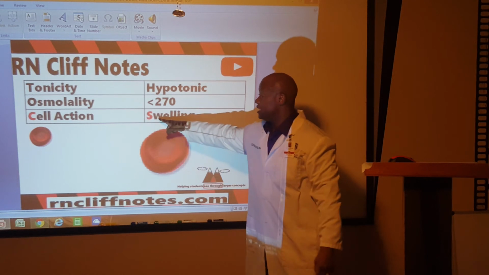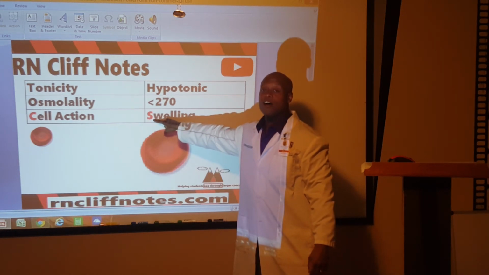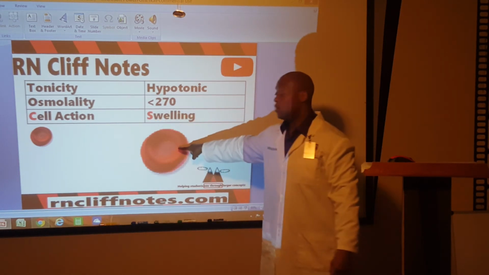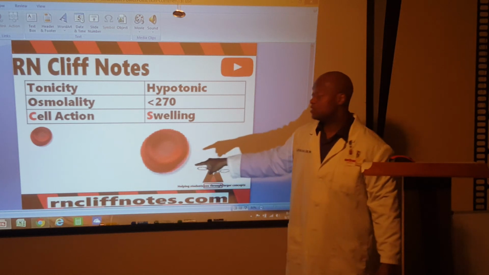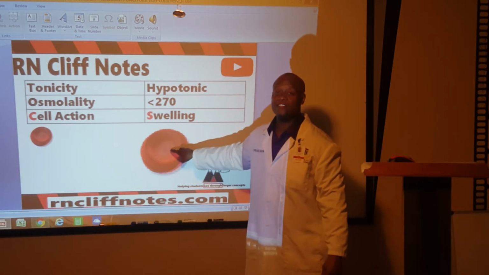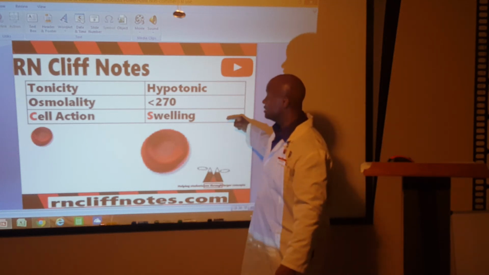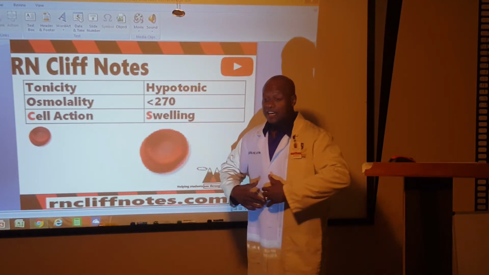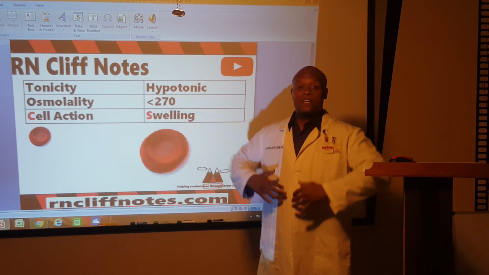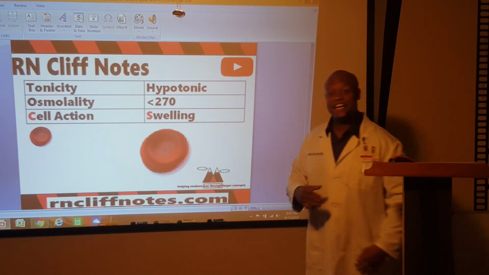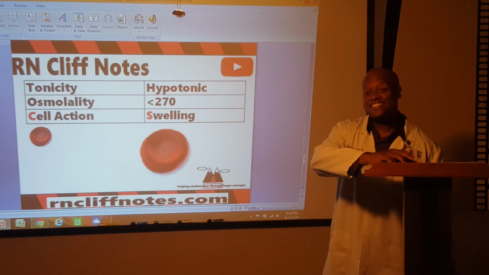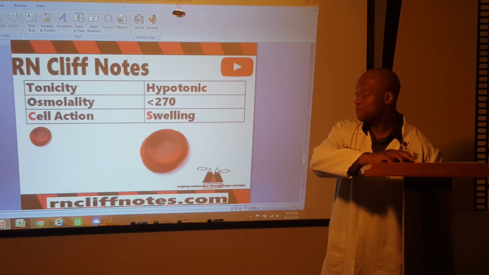And what happens? It swells. Our third S, swelling of the cell as a result of the cell having a higher concentration of salt. And we said water wants to follow that salt. So it does. And it goes inside that cell, and that cell swells up and gets bigger. So fantastic, right? Less than 270.